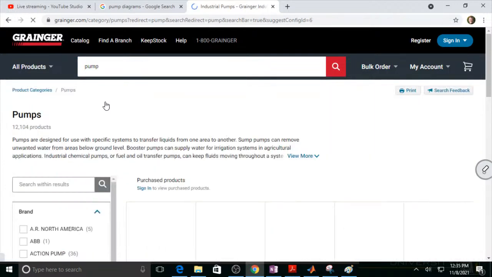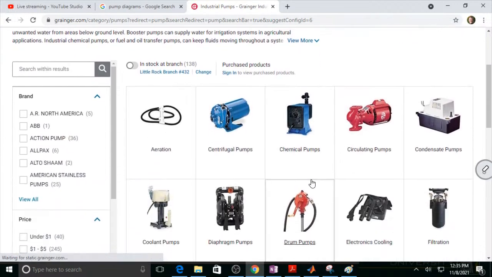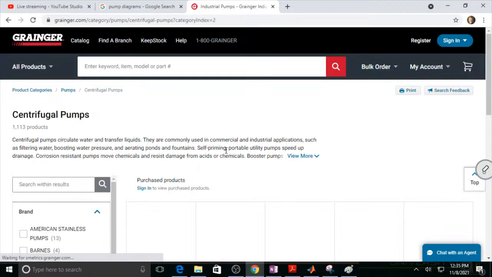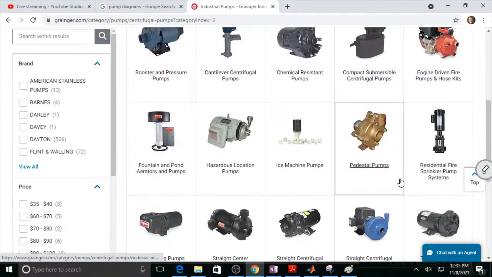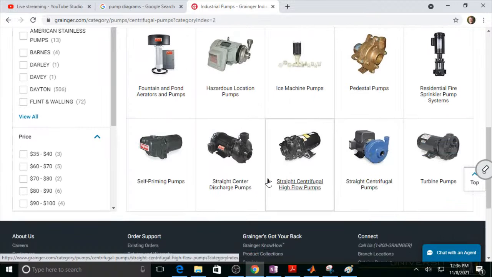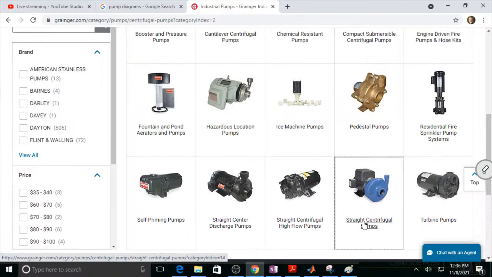I don't necessarily want a submersible pump. How about this one? Okay, and then booster and pressure. We're just going to do straight self-priming. We don't need that. Straight high flow pumps. But do we need high flow or do we need straight? Let's just do that.